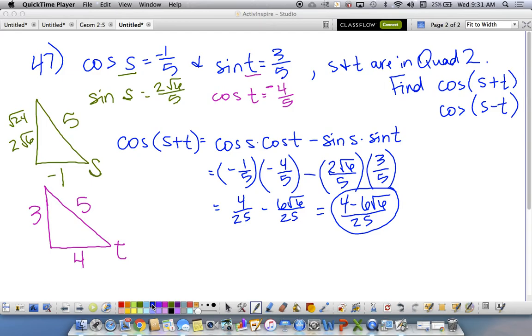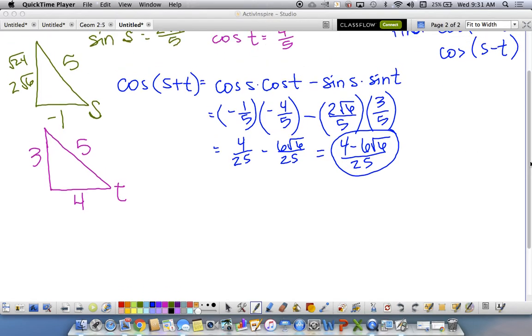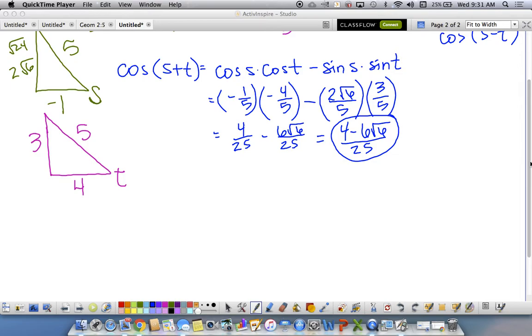I'm trying to keep enough room, because what happens when we want to do cosine of S minus T? We're going to add and subtract. S minus T would simply be cosine S cosine T plus sine S sine T. So should it be the exact same numbers?